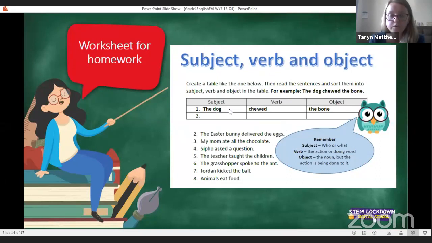So you need to draw a table that has subject, verb, and object as your headings. Then you're going to draw 8 rows. The first one I've done for you because I want you to see exactly how to set it out. Read the sentences, please. If you want, you can even write the sentence out like we did now. And then you can do your squares, underlines, and circles.